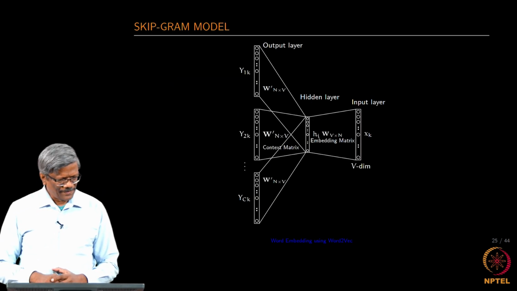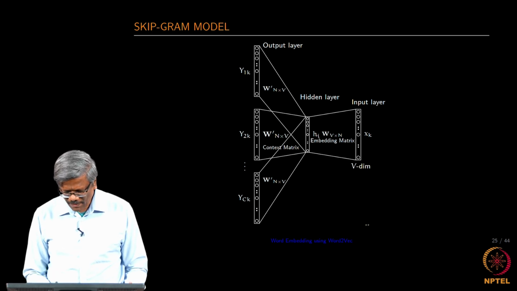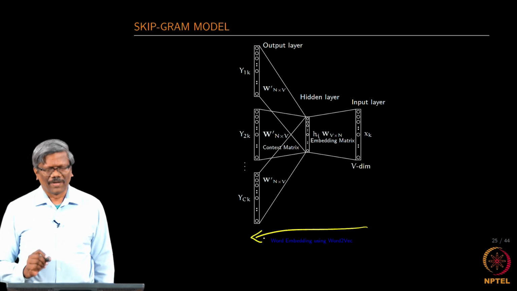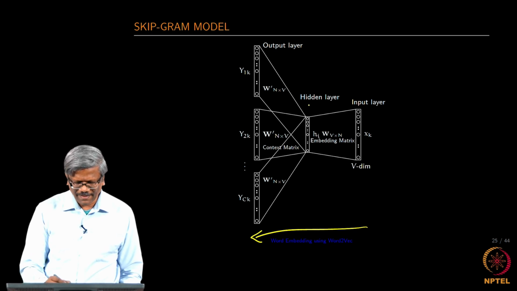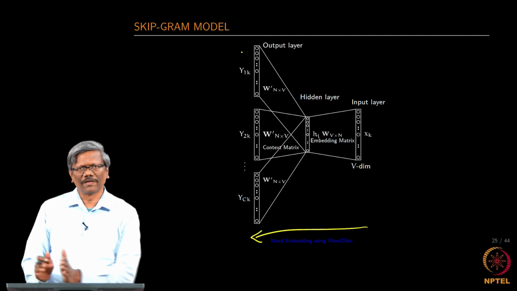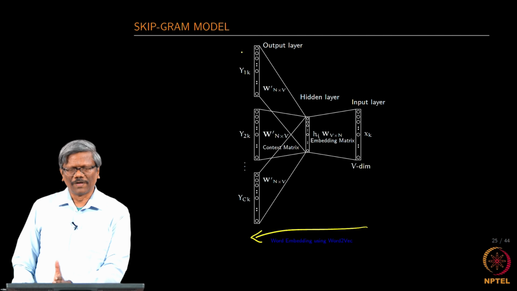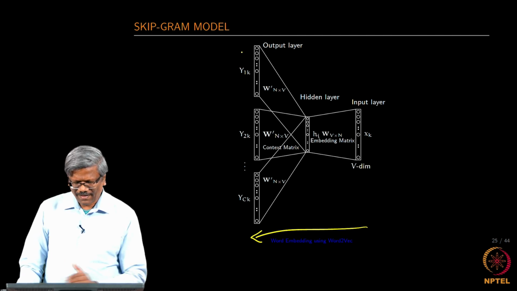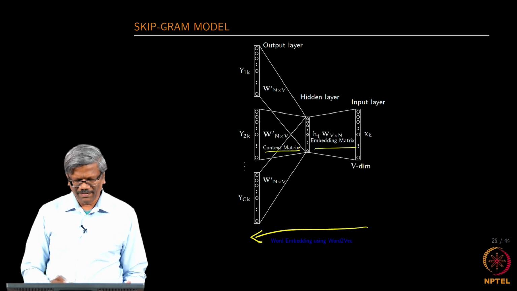This is another, I am sorry, this is a skipgram model. So, you have to look at it from this direction. The input layer is here, and then we have the hidden layer and the output layer. You know well that for the skipgram, we are going to be providing one input word and the target is going to be our context, correct. So, we have the embedding matrix, we have the context matrix and so on.